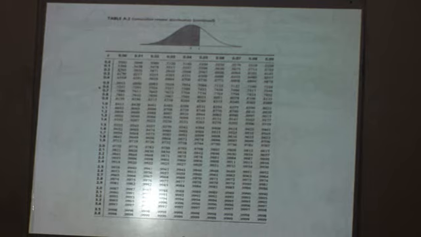You first go to the normal distribution table. The value we are looking for is 1.5. So you come to the first column, the leftmost column, which is headed by Z. Now when you go down till you come across 1.5, as the pointer is indicating, it should have been 1.50.